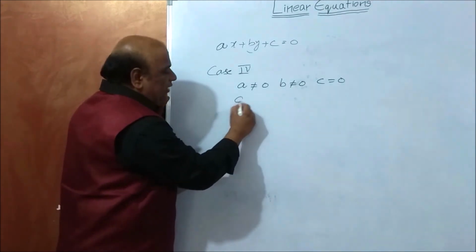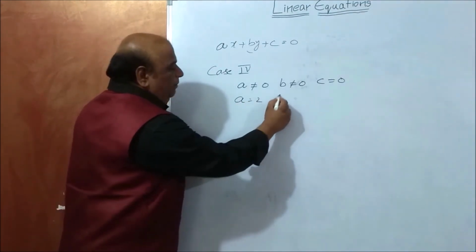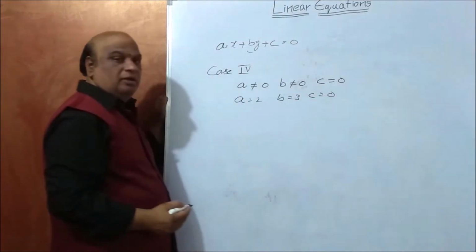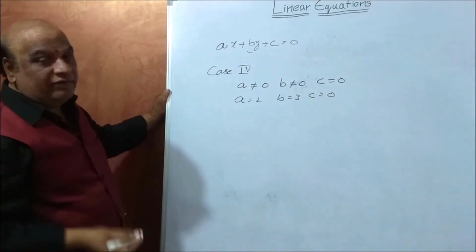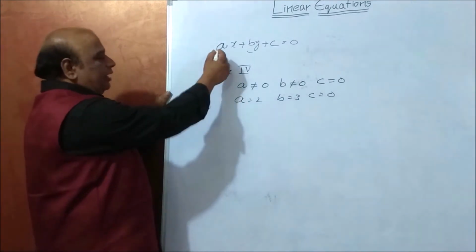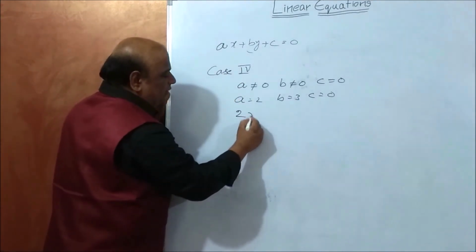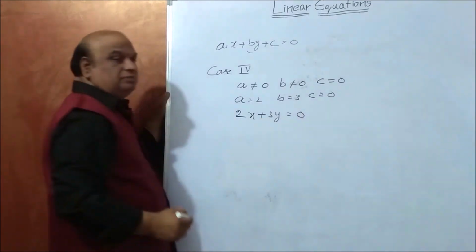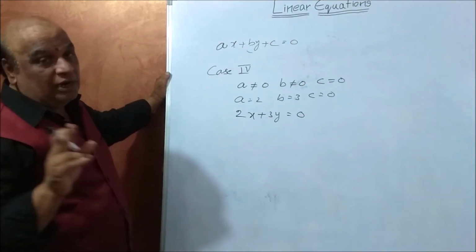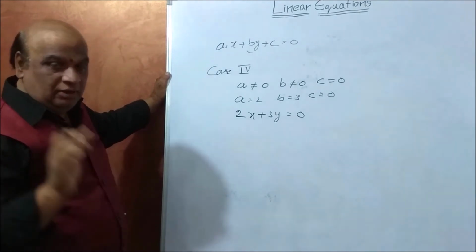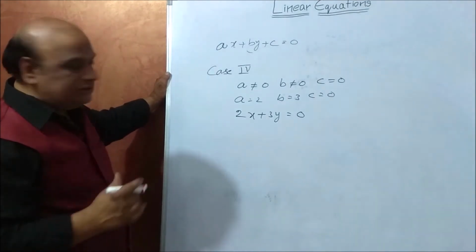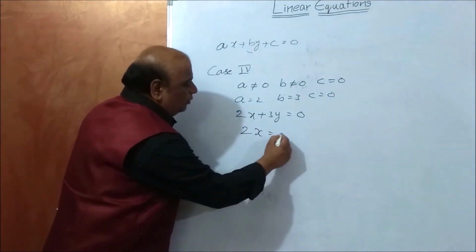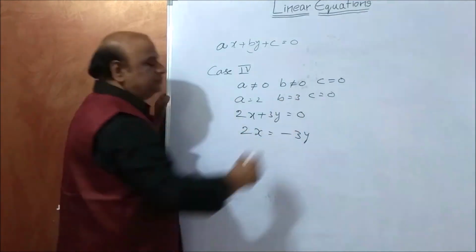Now again a is equal to 2, b is equal to 3, c is equal to 0. Now what is the equation? Here 2x plus 3y is equal to 0. Is it possible to draw a line? Again, you can take the points. See here, 2x is equal to minus 3y.